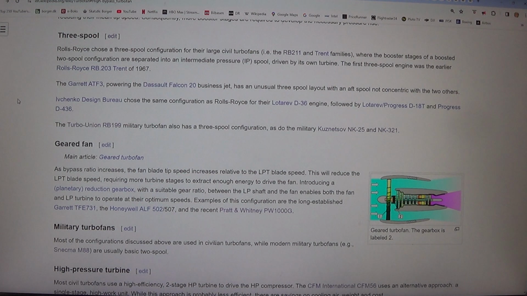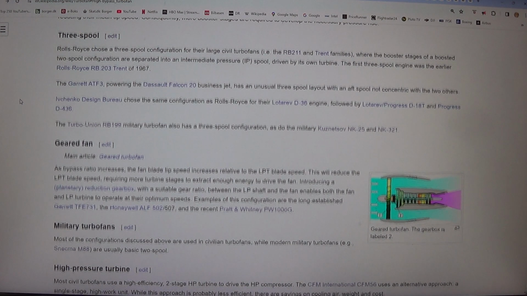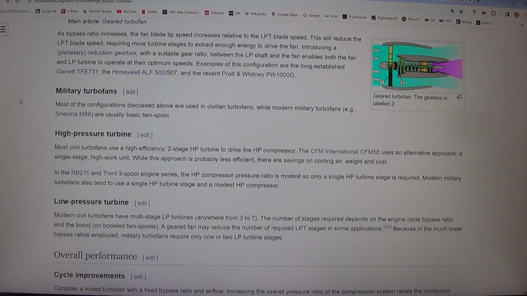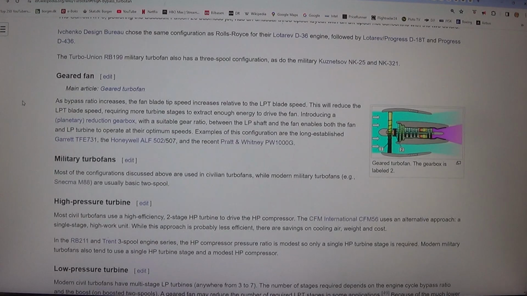The Turbo Union RB199 military turbofan also has a three-spool configuration, as do the military Kuznetsov NK25 and NK321.